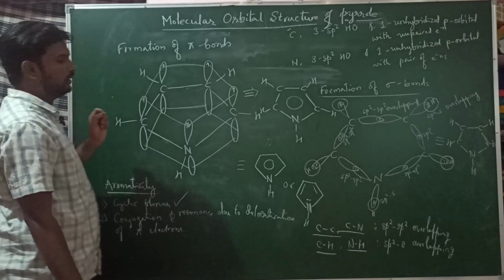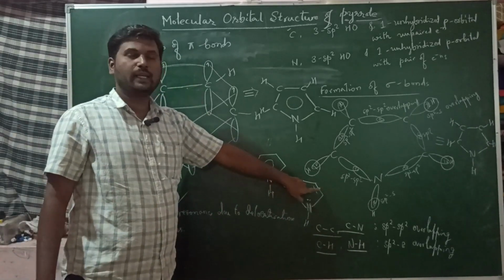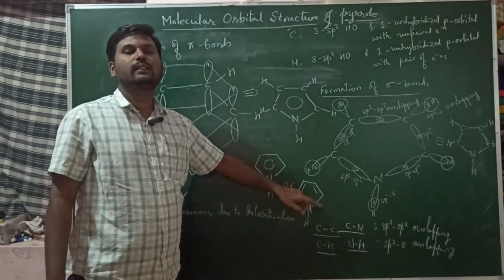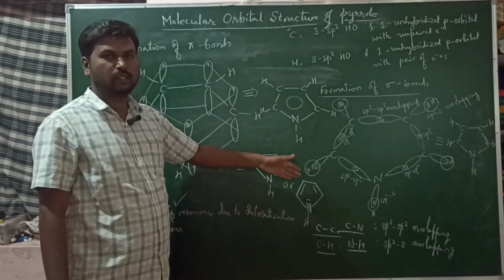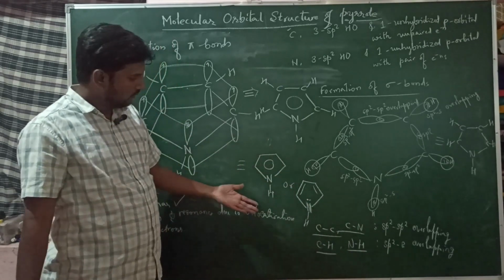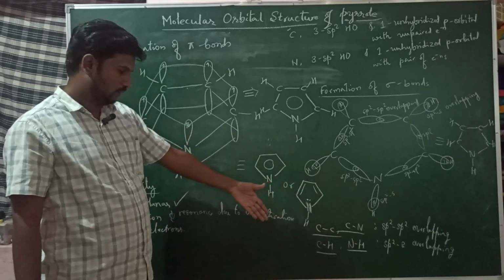In the structure you can see there are 2 pi bonds, meaning 4 pi electrons, and also a lone pair of electrons. All these 6 delocalize and form resonance structures. We will see the resonance structures and reactivity in the next topic.